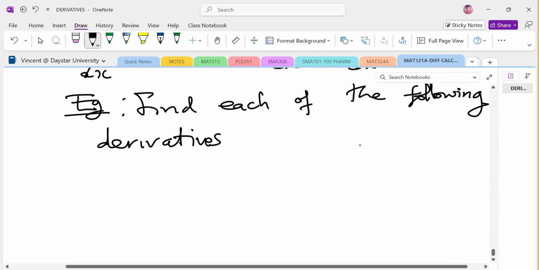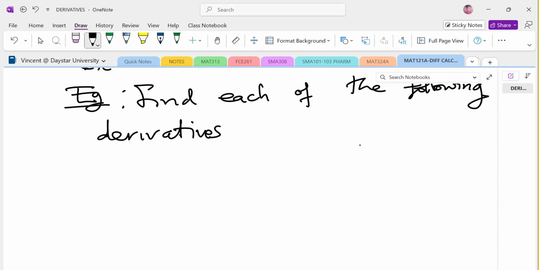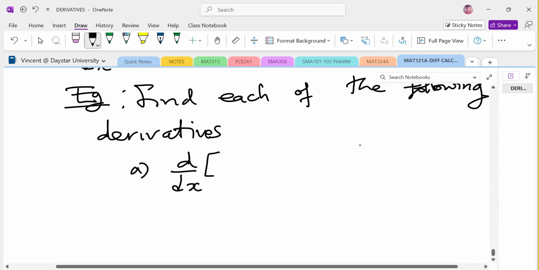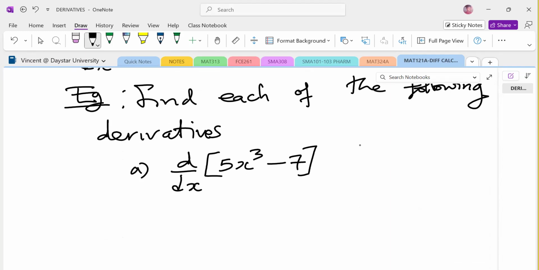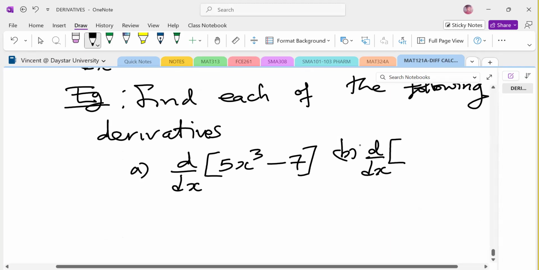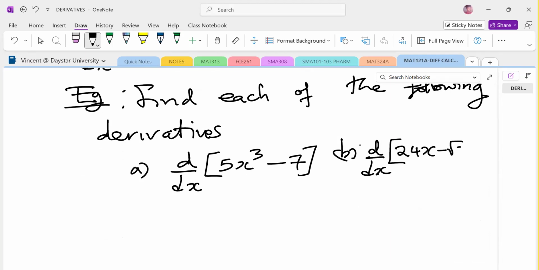So the first one, a, d dx of the function 5x cubed minus 7, and b, d dx of the function 24x minus root x plus 5 over x.